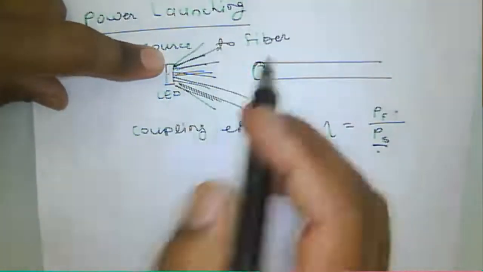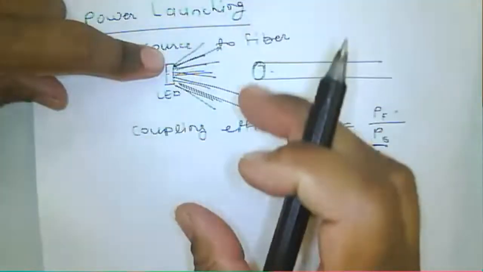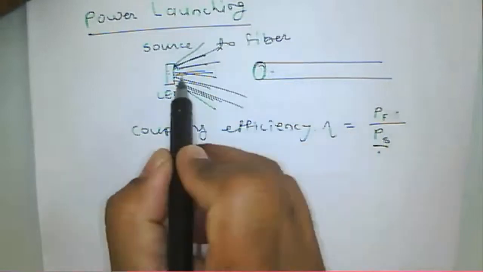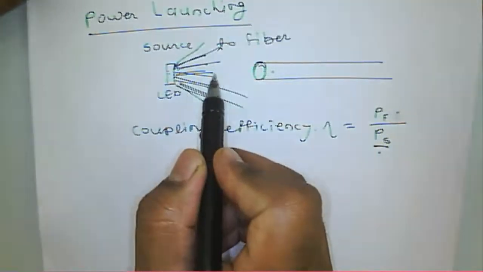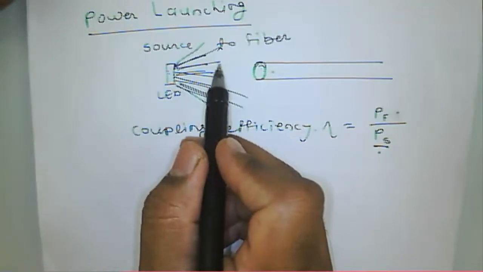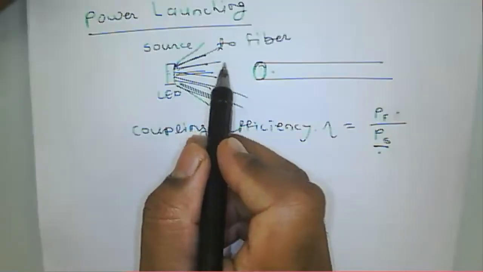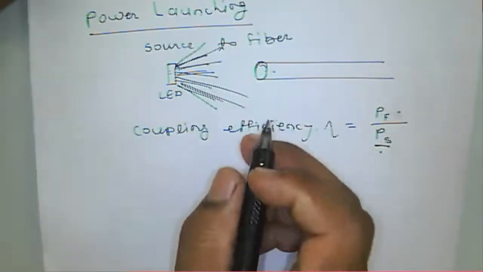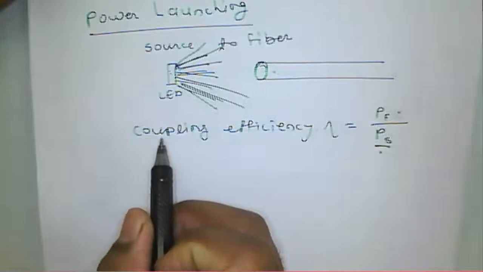If the radiation pattern is large, meaning the emitted area is large, then we need to use some coupling mechanism between the fiber and the source. That coupling mechanism is some type of lens used to improve the coupling.